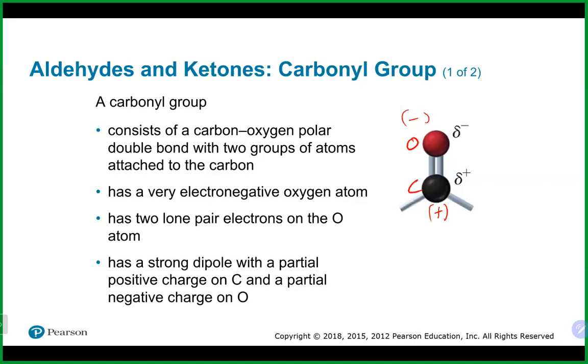The carbon-oxygen polar double bond has 2 lone pairs. Again, in a lot of cases in organic chemistry we don't draw the lone pairs, but they are there, in both the ketone and the aldehyde.